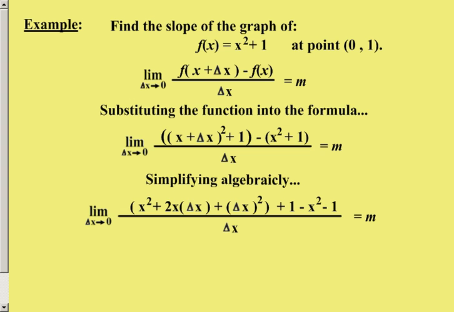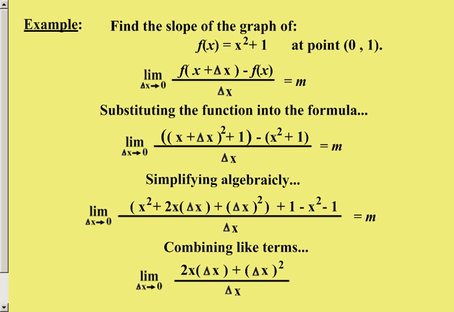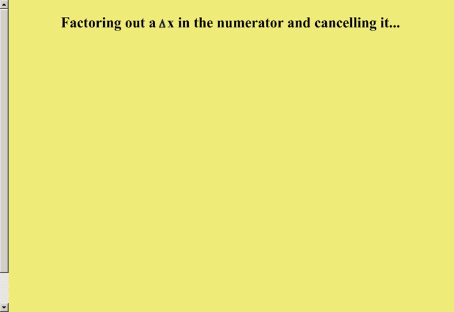Okay, now looking at the problem a little bit, we have some simplification that can be done. We've got some combining like terms. We had an x squared minus an x squared, so those went away. We had a positive 1 and a negative 1, so those went away. And we're left with only the 2x delta x and the delta x squared. Now the next thing you ought to notice is that all of those terms have a delta x in common.